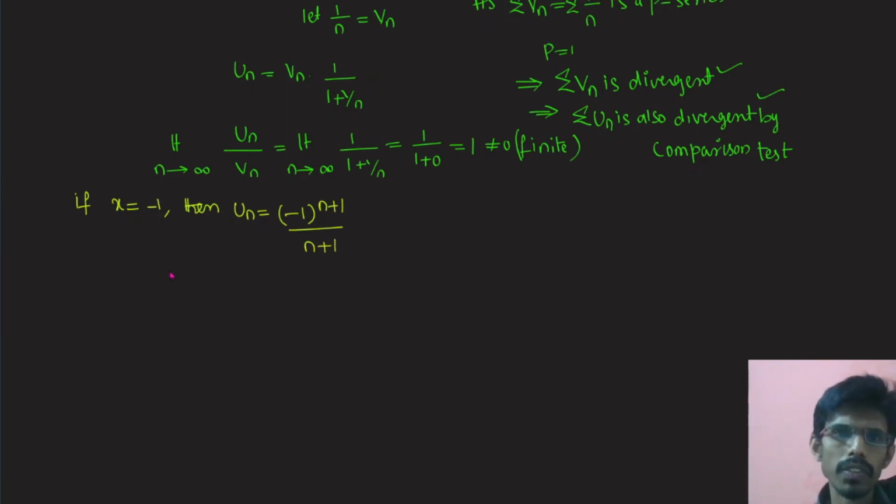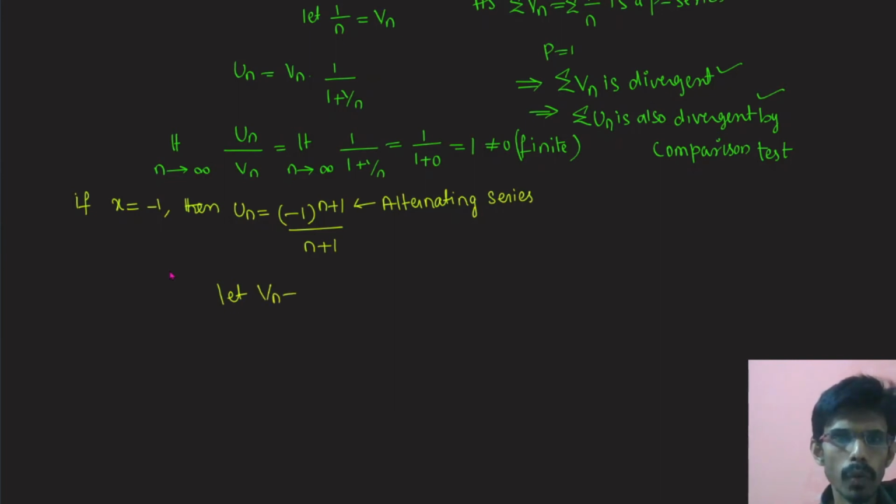Now this minus 1 power of n minus 1 indicates the series is an alternating series, right? Alternating series.